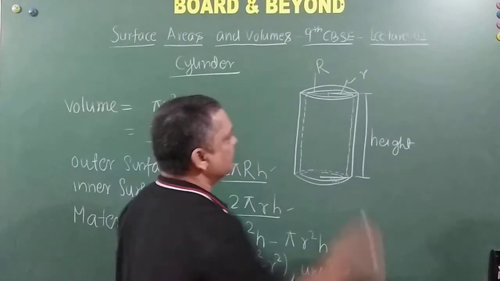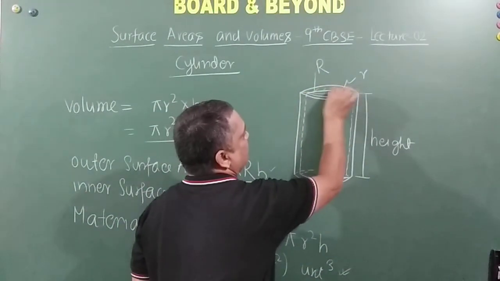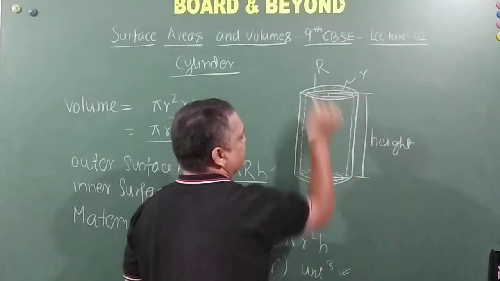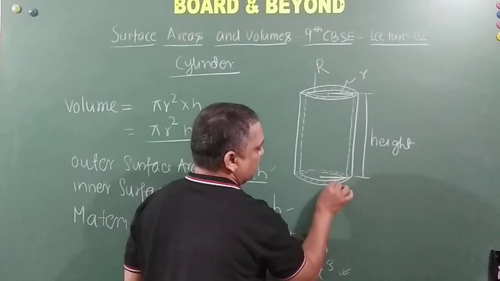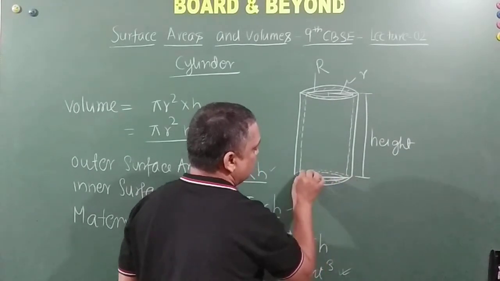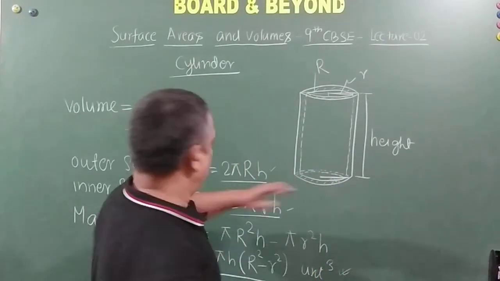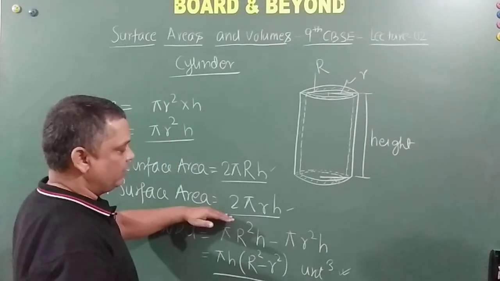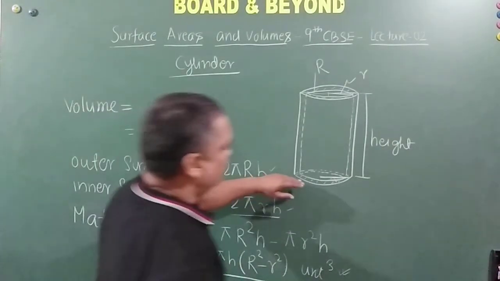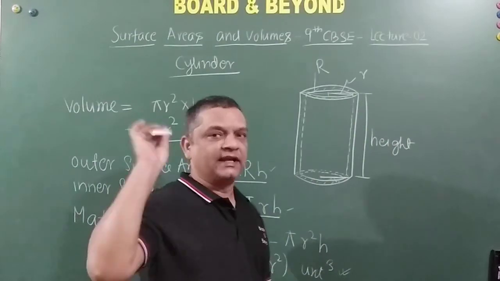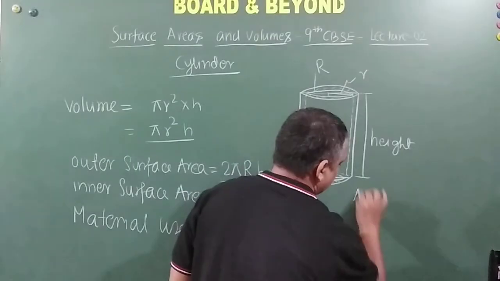Plus the ring that you have here. I hope you are getting me. There is a ring here. We know the outer surface area, we know the inner surface area, and how much will be the area of the ring?